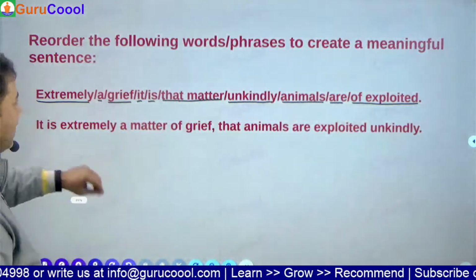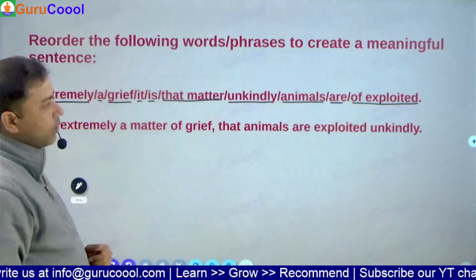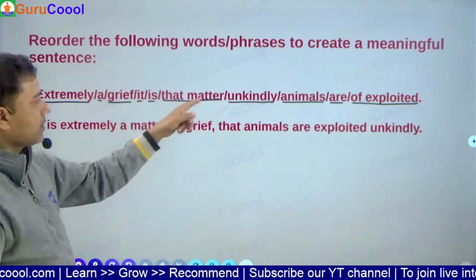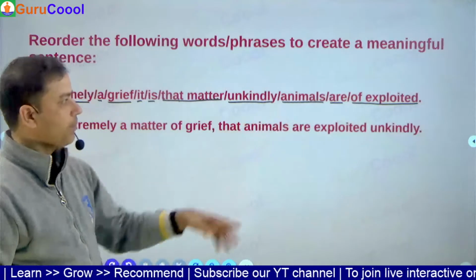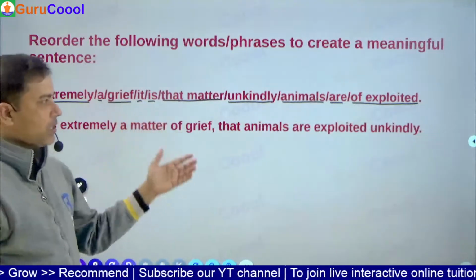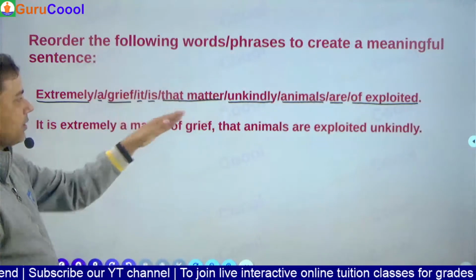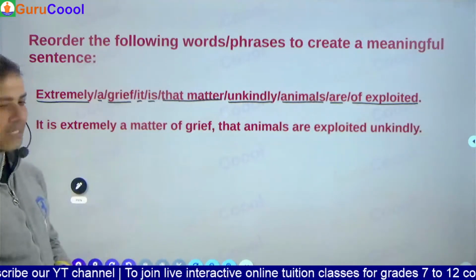You can see how many jumbled words or phrases are given: 1, 2, 3, 4, 5, 6, 7, 8, 9, 10. There are 10 phrases or words, and they have been reordered to create a meaningful sentence.